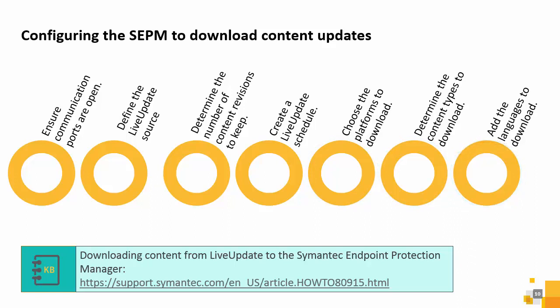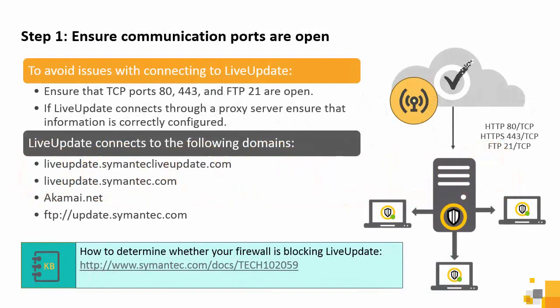A site is defined as one or more subdomains within a single database. Only one subdomain in a site downloads content from Live Update. Other subdomains in the site retrieve their content from a shared database. The Live Update client on the subdomain connects over TCP ports 80 for HTTP, 443 for HTTPS, as well as 21 for FTP.